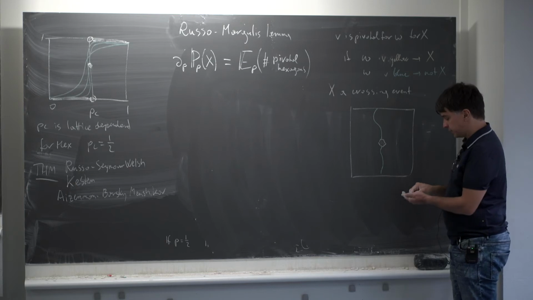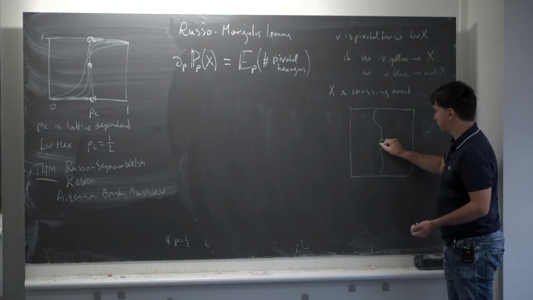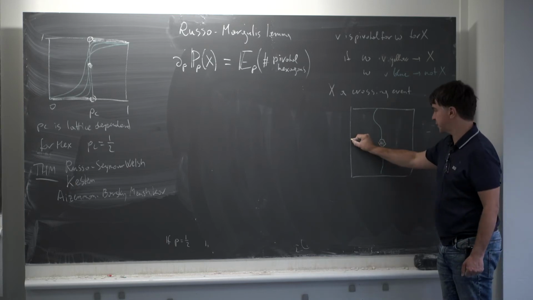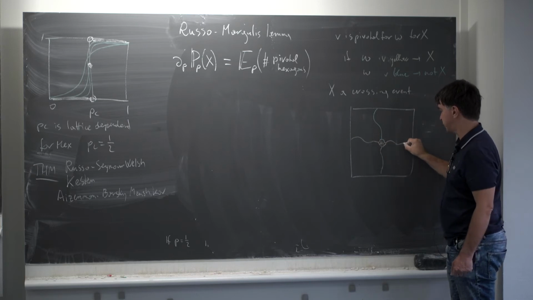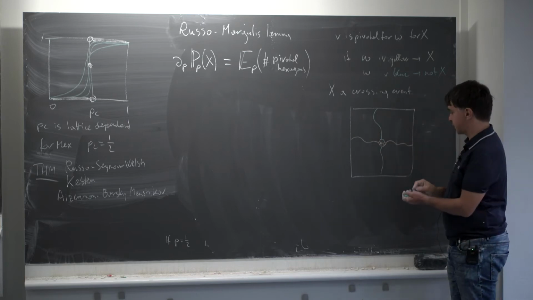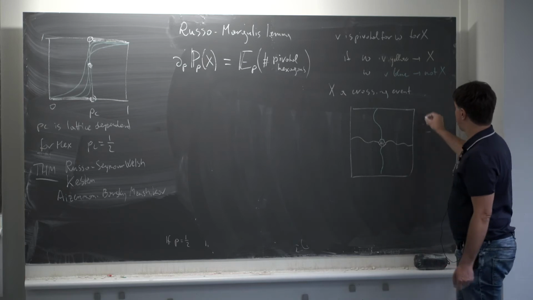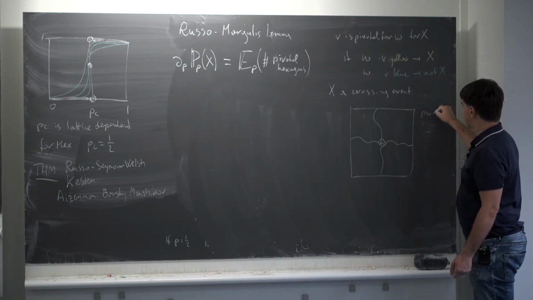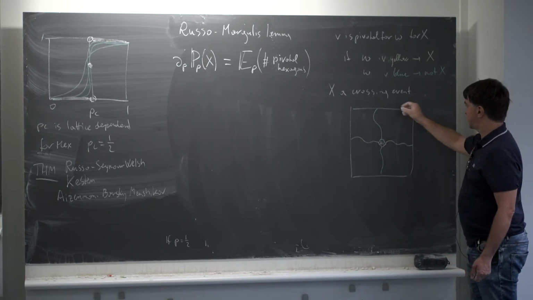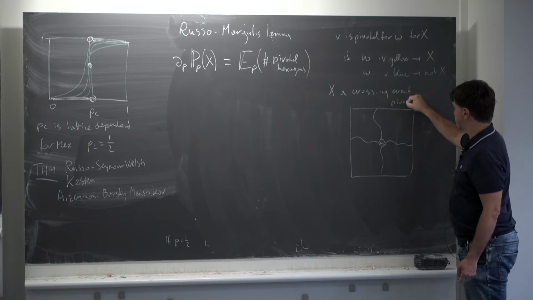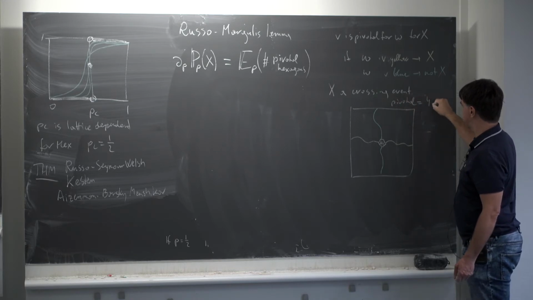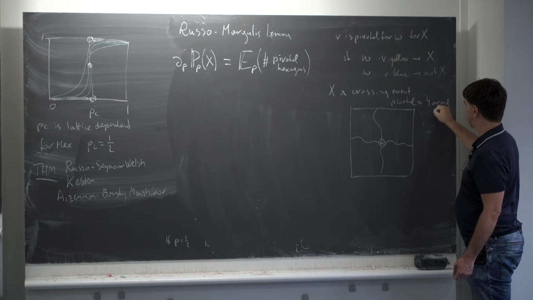But on the other hand, if we switch it to yellow, then there must be an obstruction which goes through it. So this is a pivotal site for the crossing event. So its pivotal is equal to this sort of 4 arms event.